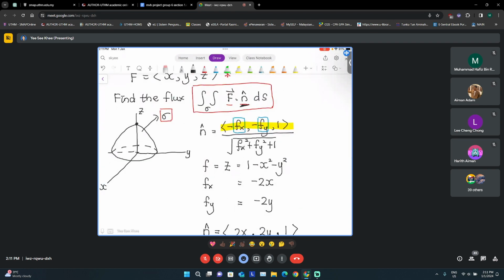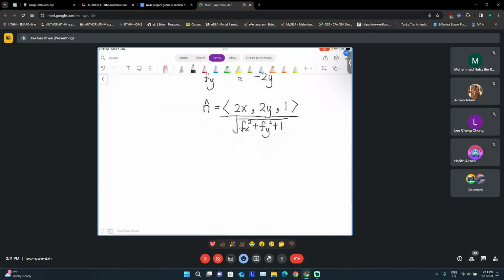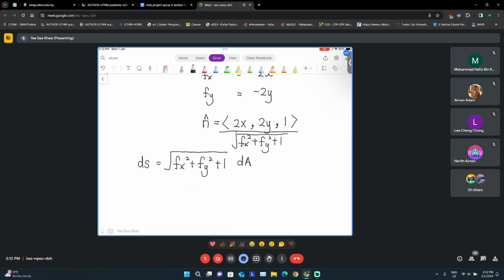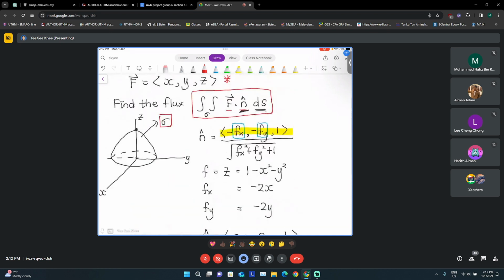Now is the dS. Yesterday I already explained to you what dS is. So dS in this case is equal to the square root of fx squared plus fy squared plus 1, times dA. When you combine this dS with the F and also the n term here, it will be cancelled out.